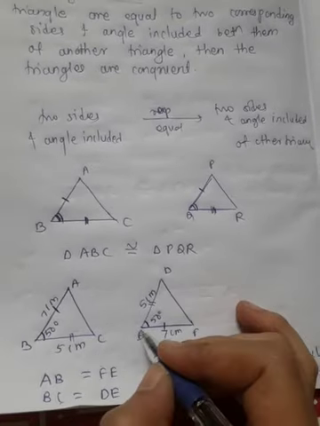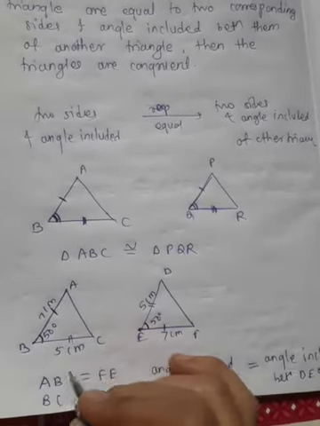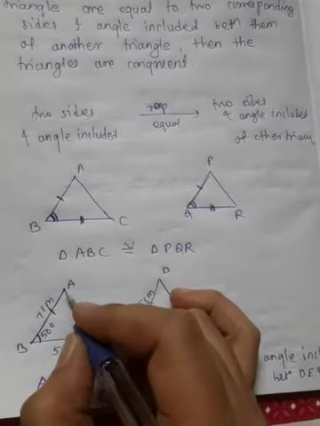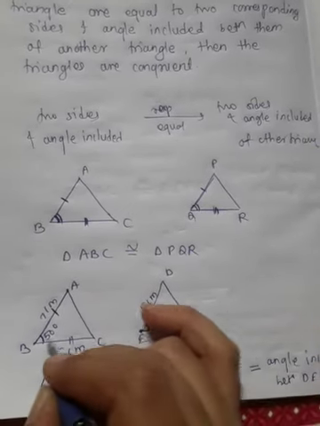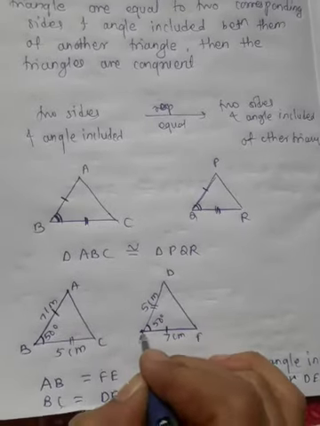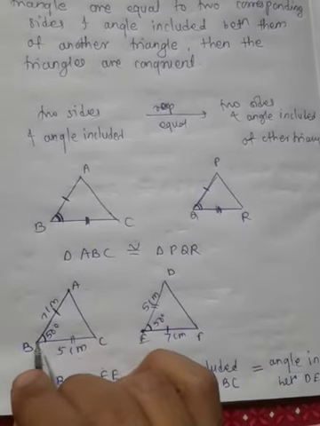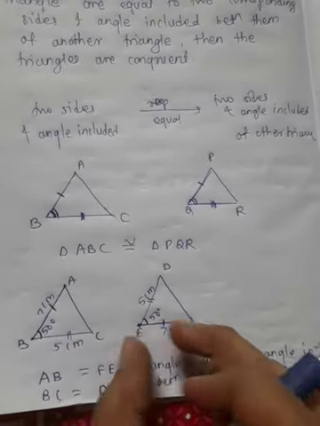Now see here, you observe the correspondence. A corresponds to F, B corresponds to E because they are the angles, and C corresponds to D, because this is 7 and this is 7.